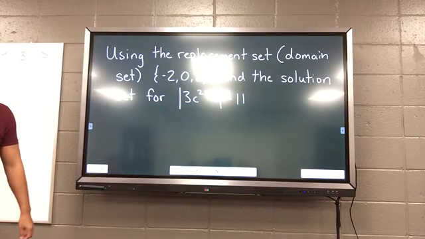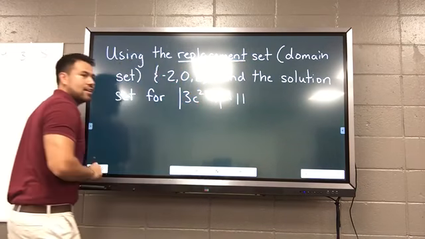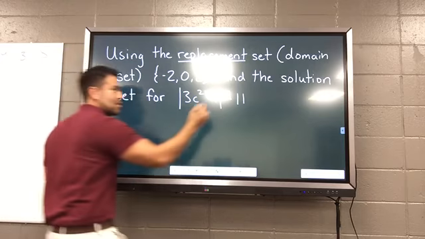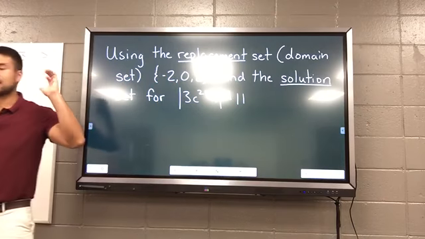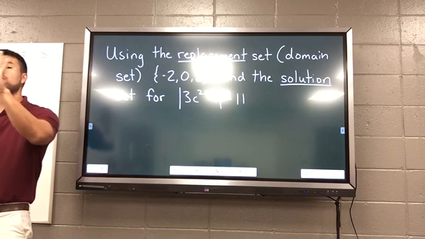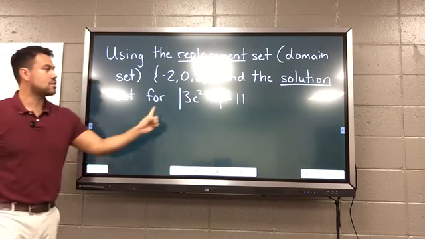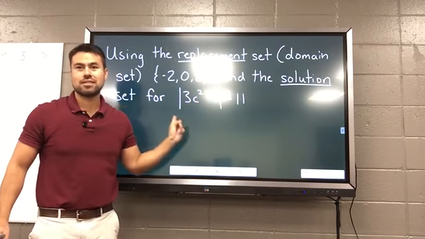Okay, there are 2 types of sets I'm talking about in this problem. A replacement set and a solution set. So there are 2 sets. The replacement set is what they give to you. They will give you, here's the replacement set. And what you're supposed to do is look at this type of sentence, which is what type of sentence?